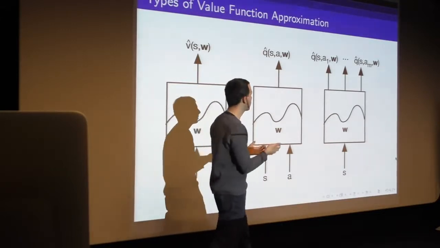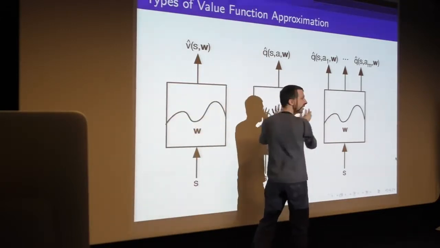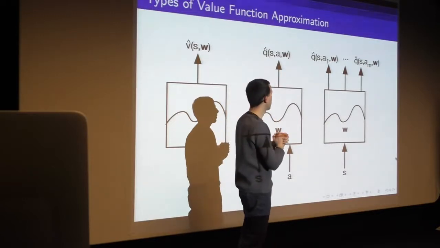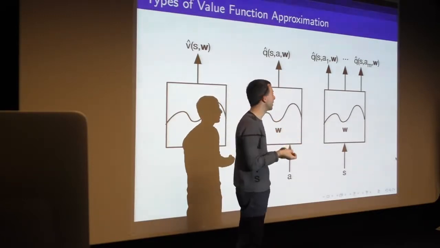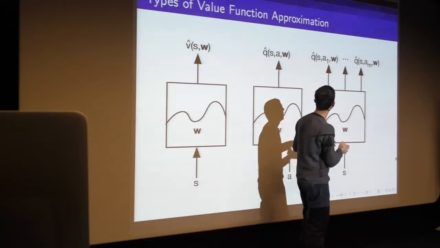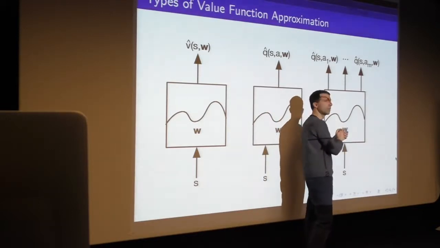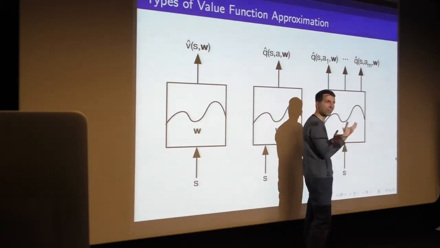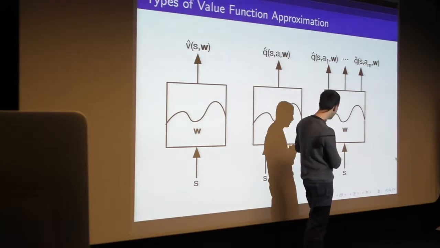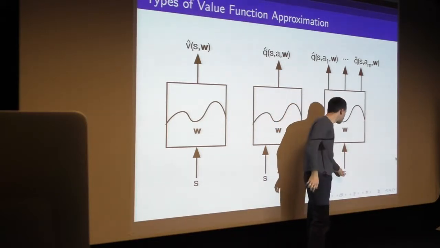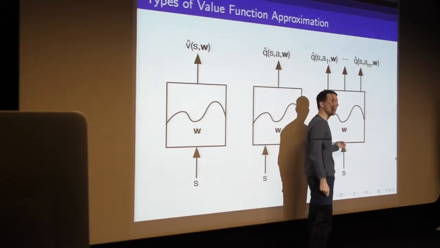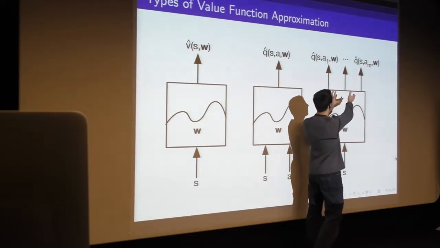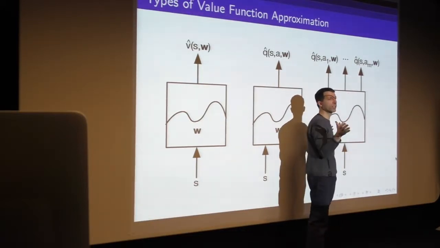Sometimes it's more efficient to use a different form. It's equivalent, the actual data that it's representing is the same, but it leads to a different training algorithm and sometimes a more efficient or less efficient result depending on the context. Now we're just going to say, hey, a state comes in, and we want our function approximator to tell us the value of all actions that I might take.